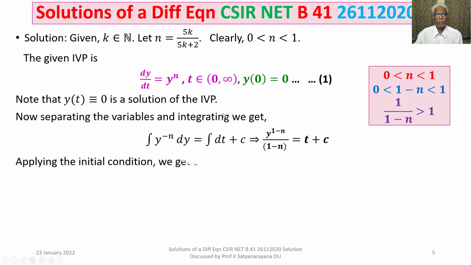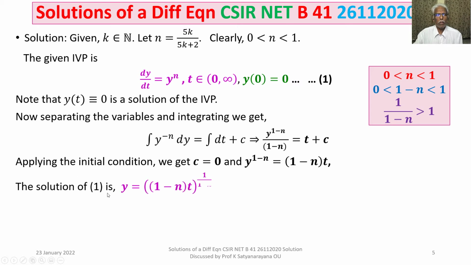Now applying the initial condition, that is when t is 0, y is also 0, you apply here, you will get c is equal to 0. Then you will get a particular solution, y power 1 minus n by 1 minus n is equal to t, that is y power 1 minus n is equal to 1 minus n into t.